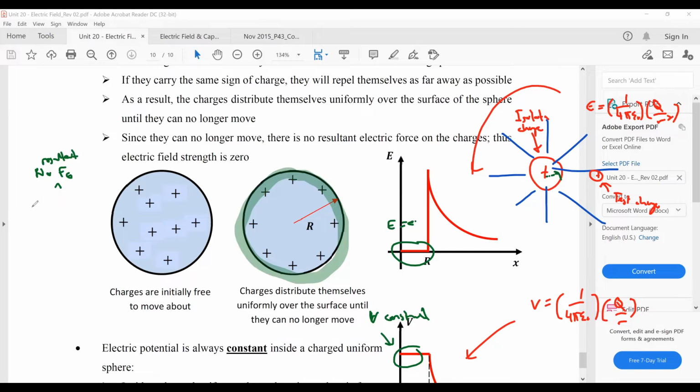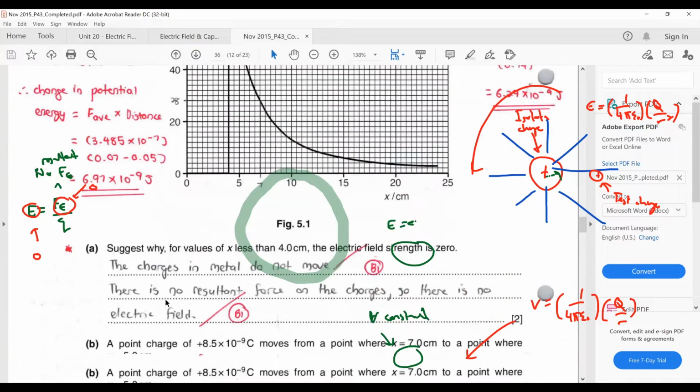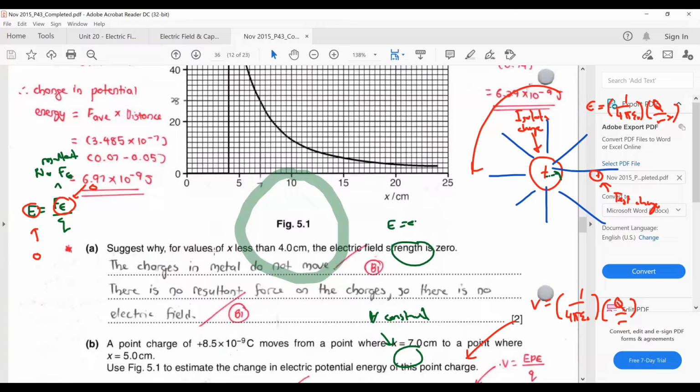Okay, so if you refer back to the definition of field strength, E is F_E over q, right? If your electric force is 0, obviously your field strength will be 0. So hence your answer looks like this. They will say that for the sphere, the charges in the metal don't move.